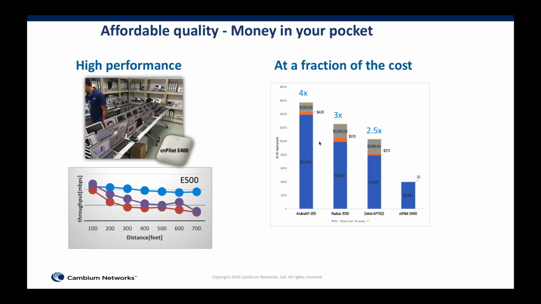And like the chart on the right shows here, if you look at list prices for a 20 AP deployment, for example, you'll find that cnMaestro and cnPilot deliver many of the required features for a Wi-Fi network at a fraction of the cost. So we'll continue to keep our aim on that as we bring new access points, new features, and new capabilities to the market through the rest of the year.